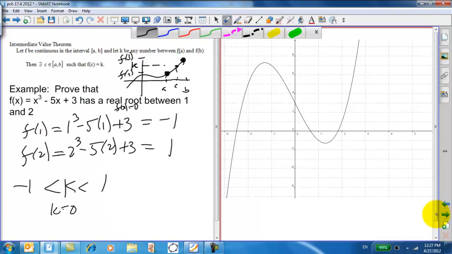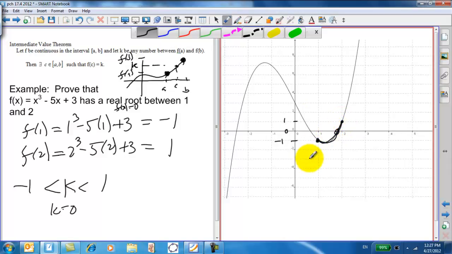Let's look at this on the picture now. What I found here was f of 1 goes to negative 1. So there's negative 1. And f of 2 goes to positive 1. 0 is a value in between those, so I will attain that value somewhere in this interval. And it's right there.